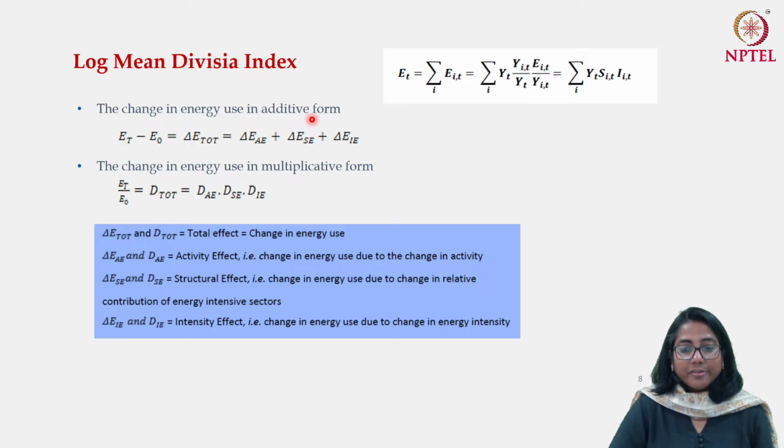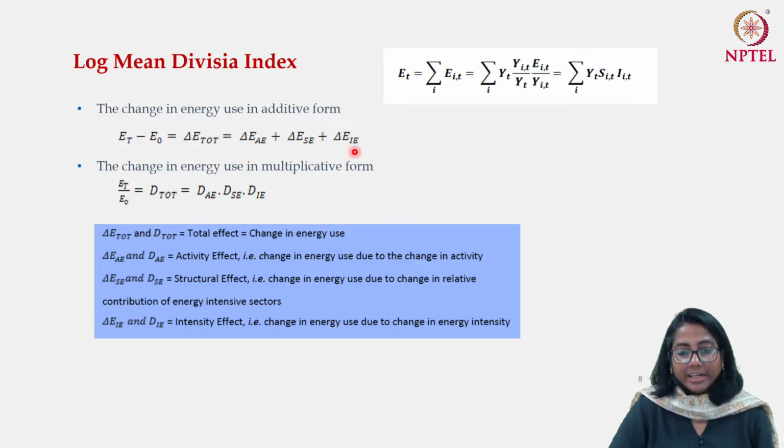This is the additive form. You can also write it in multiplicative form. So ET divided by E0 tells you at what proportion the change is taking place. If you want to write it in that way, then you have to write it in a multiplicative form: the activity effect multiplied by the structural effect multiplied by the energy intensity effect. And we will see that the delta E activity effect and the D activity effect look a little bit different.